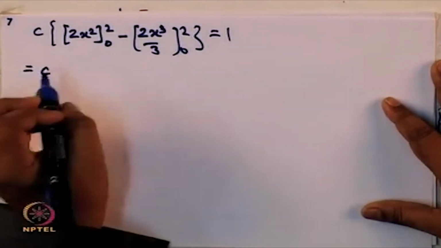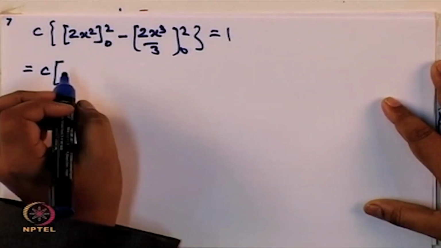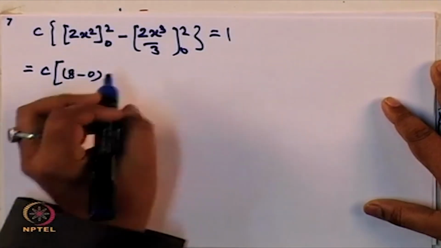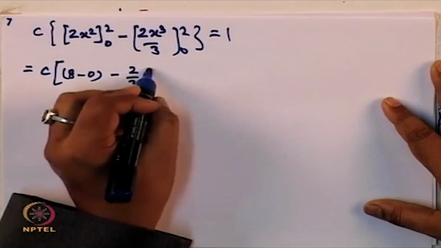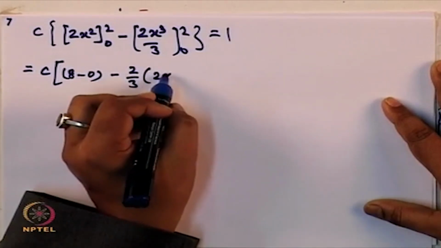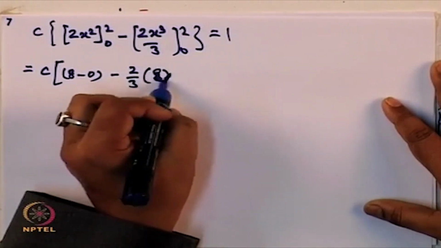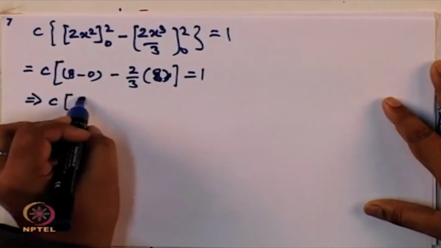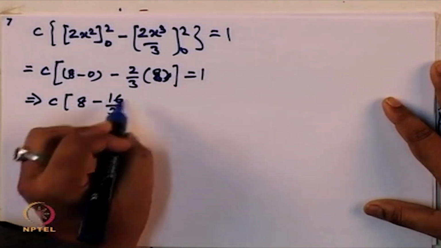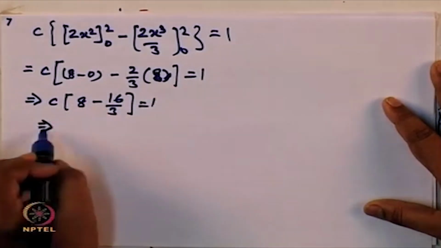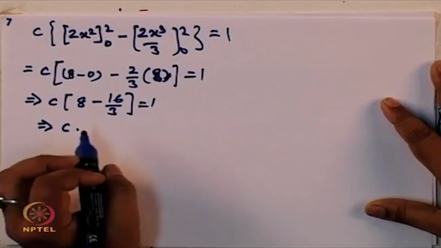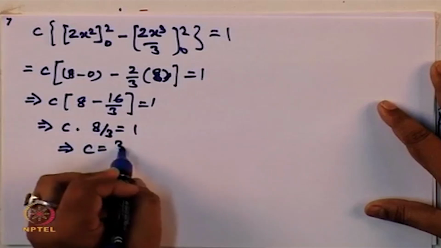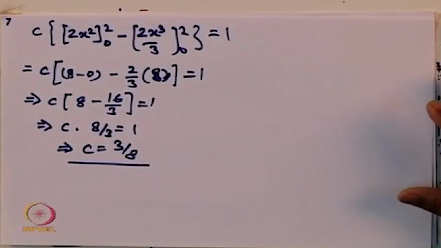So, this gives me c into 8 minus 0 minus 2/3 into 8 equal to 1. That is 8 minus 16 by 3. So, I get c as 3 by 8.